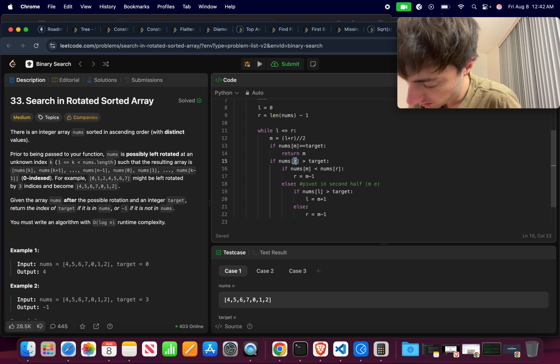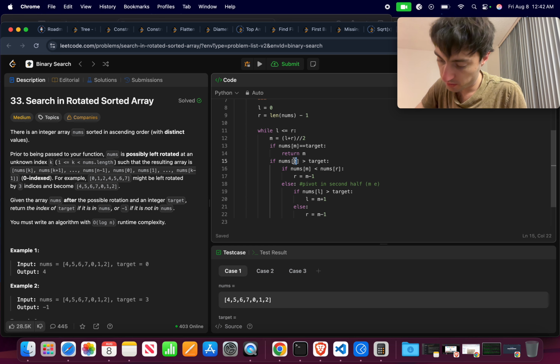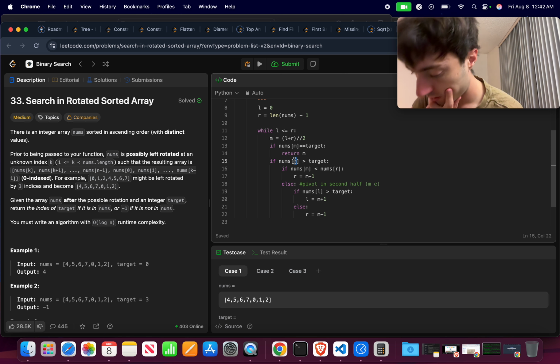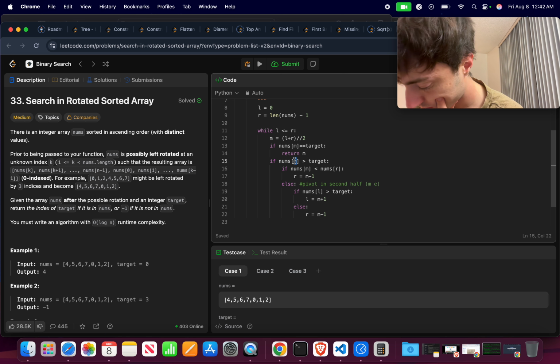Like this, okay? So here's my mid right here. And this is, what did I say? The pivot occurs between M and E. So M and E is going to be like this. Something like this, okay?